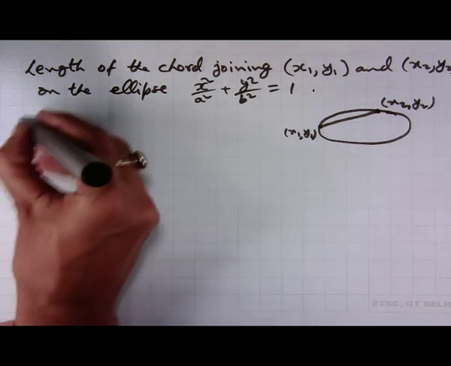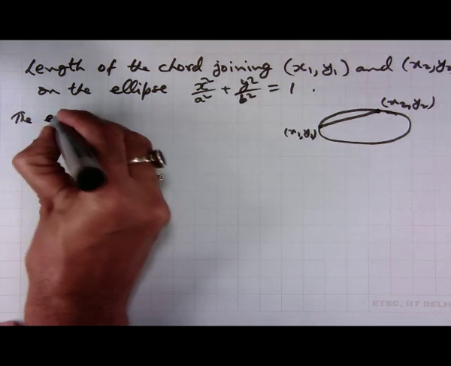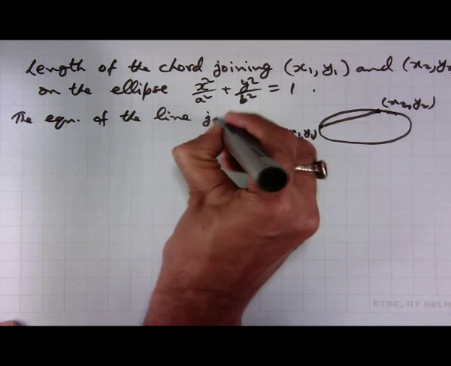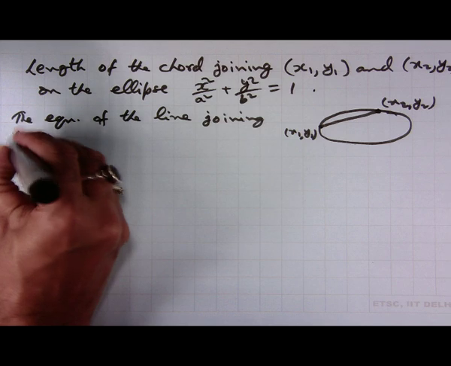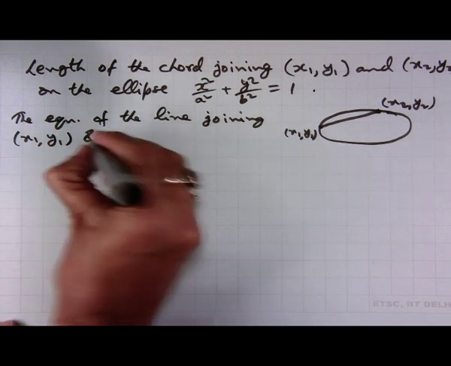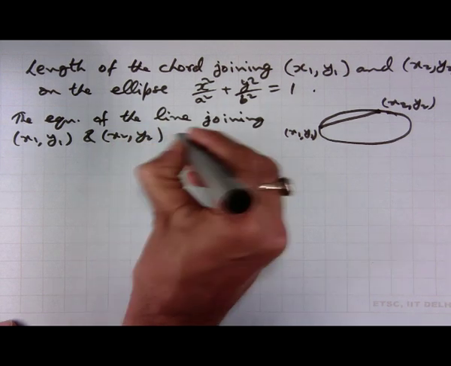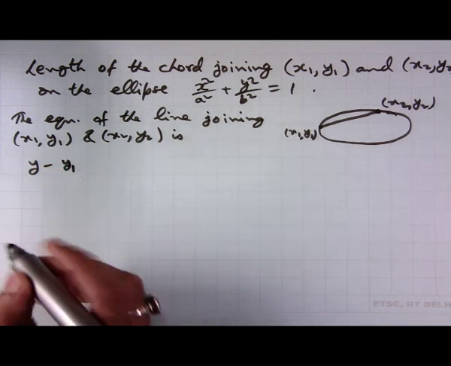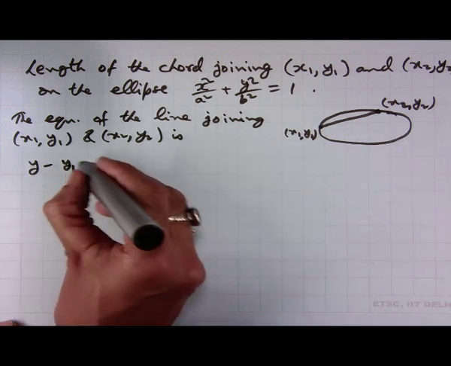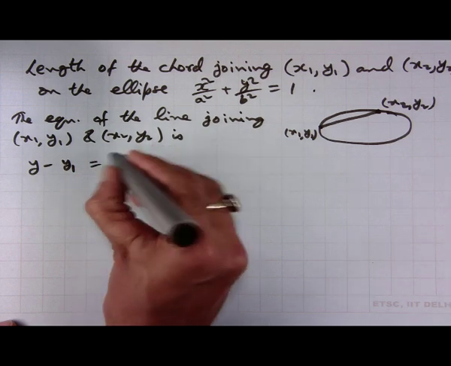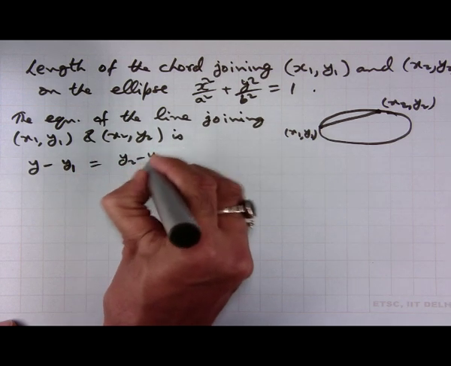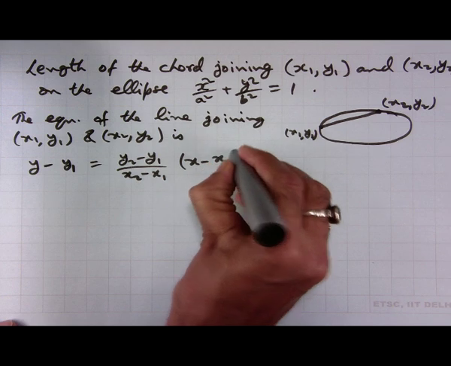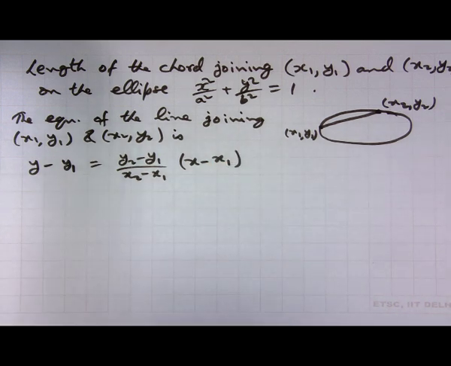So, the equation of the line joining x 1 y 1 and x 2 y 2 is given by y minus y 1 equal to y 2 minus y 1 by x 2 minus x 1 times x minus x 1.